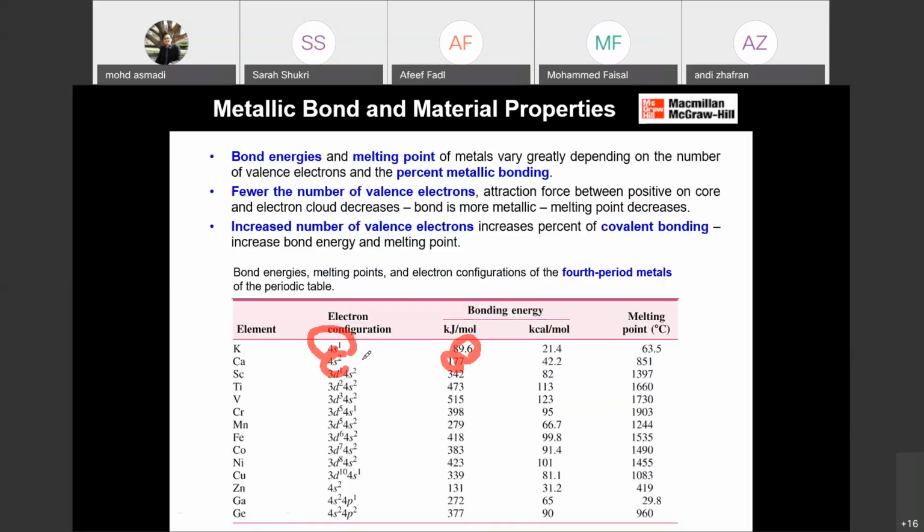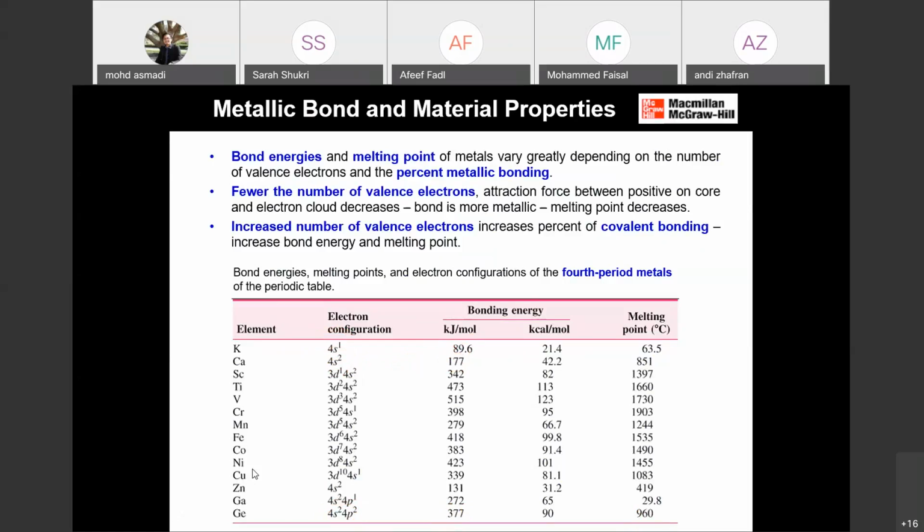Of course, calcium has higher bonding energy and melting point. Similarly, compare with germanium, 377 bond energy, and the melting point is higher. So increasing the valence electrons increases the bonding energy as well as the melting point. You have to remember that.